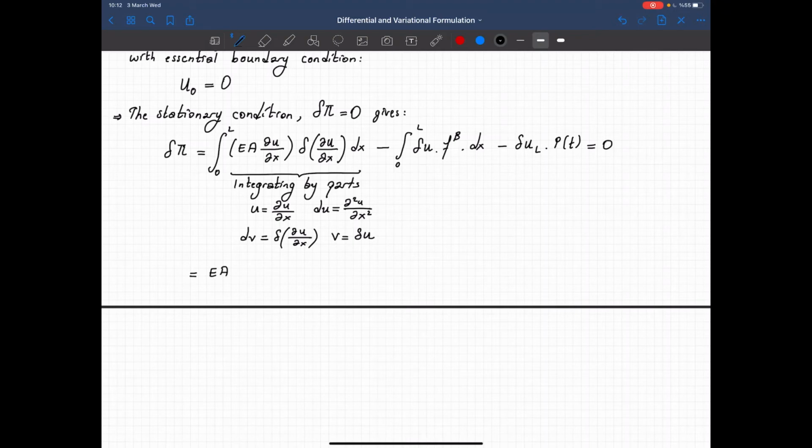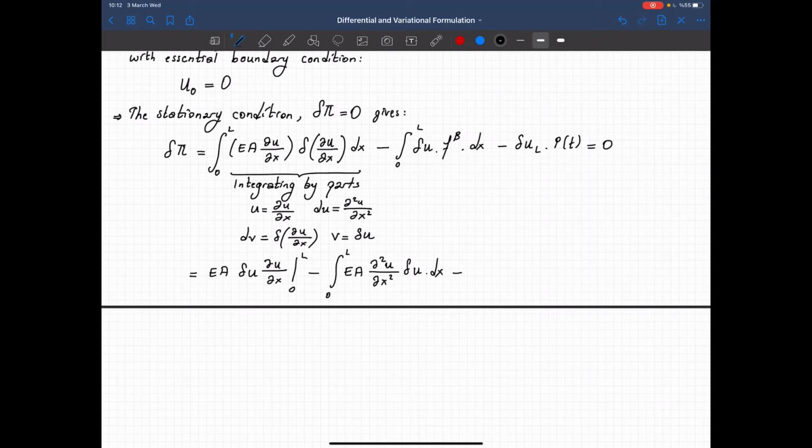EA δu ∂u/∂x from 0 to L, minus the integral from 0 to L of EA ∂²u/∂x² multiplied by the variation in u, integrated over the length of the member.